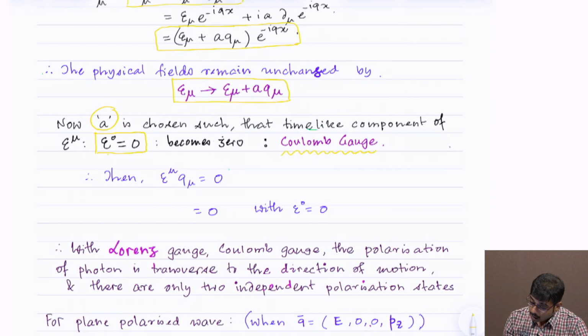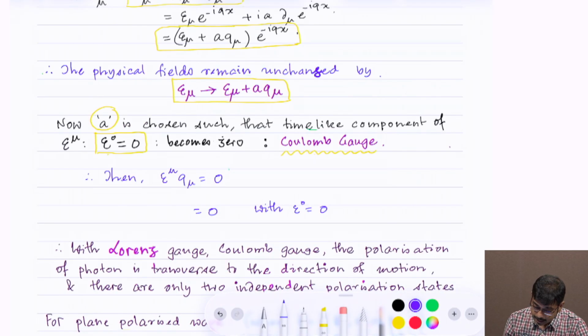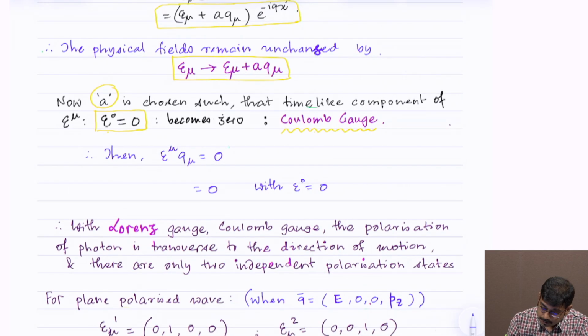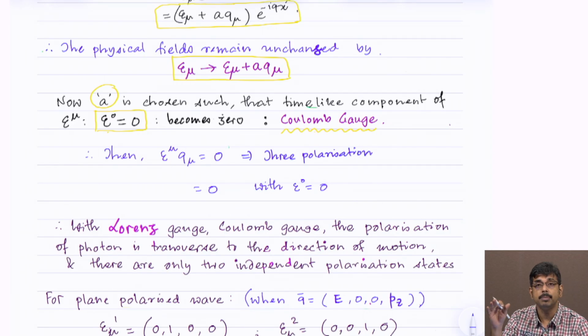So, to summarize, epsilon mu q mu equal to 0 gives you 3 polarization degrees of freedom. And further you see that the freedom of choosing epsilon mu going to epsilon mu plus a q mu, keeping everything invariant, lets you choose A so that you can make the 0th component of the polarization vector vanish, epsilon 0 equal to 0.